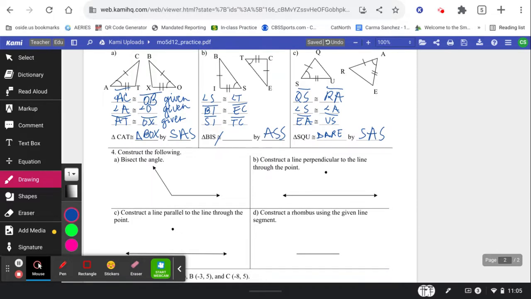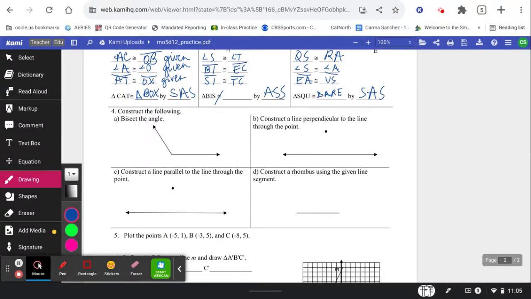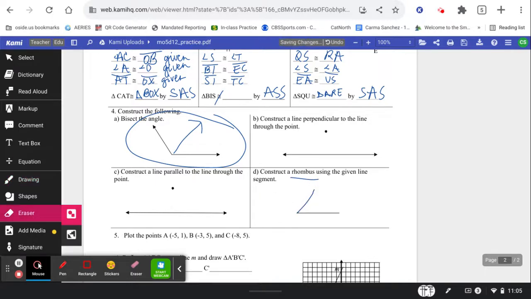These constructions are something that I asked you to do in class, at least 2 of them. And so I'm going to post the videos for rhombus so that you can bisect this angle by connecting the diagonal. For rhombus, by making an angle, you can make the angle any size you want, obtuse or acute, and then going mark, mark, mark, mark, connect, okay?